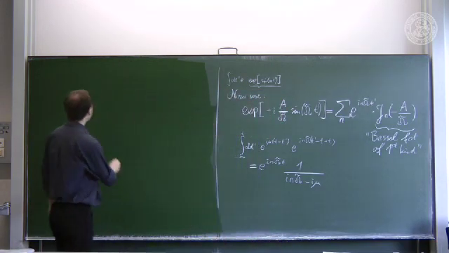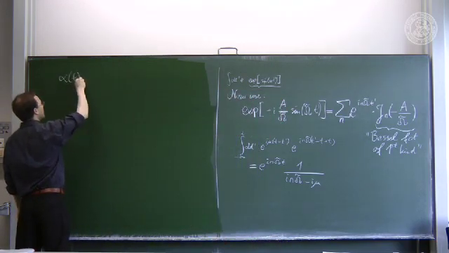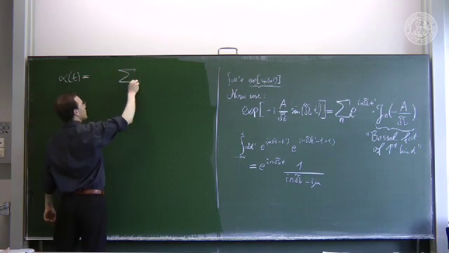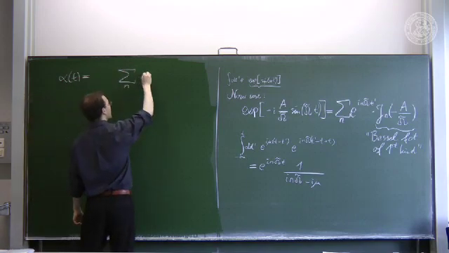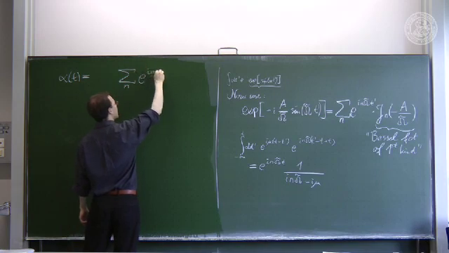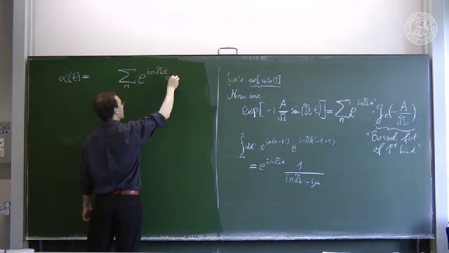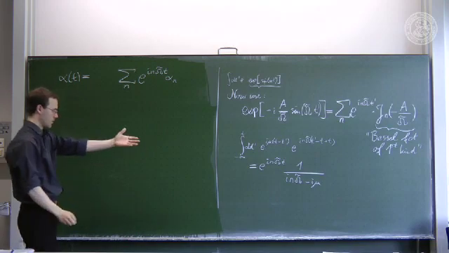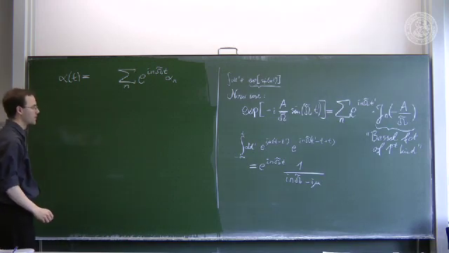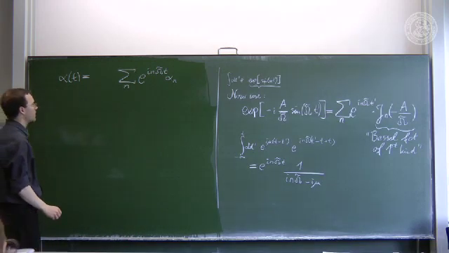And so what we get in the end is alpha of t equals this Fourier series with some coefficients alpha n, which I will write down, which are these combinations of Bessel functions, and the ratio.